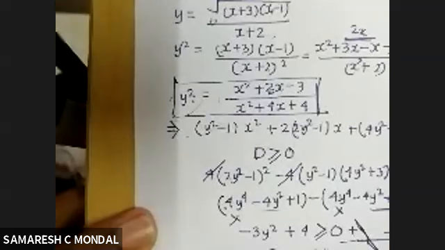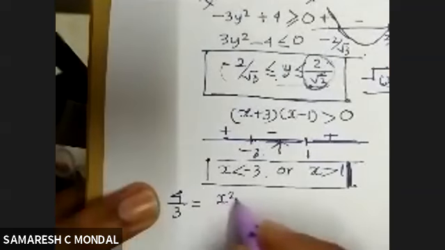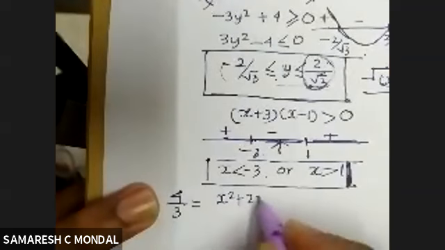Correct. So if you recall, we got y square is equal to this. So in place of y square, I'm going to substitute the value. So y is equal to plus minus 2 by root 3, so y square will be 4 by 3. 4 by 3 is equal to (x square plus 2x minus 3) divided by (x square plus 4x plus 4).